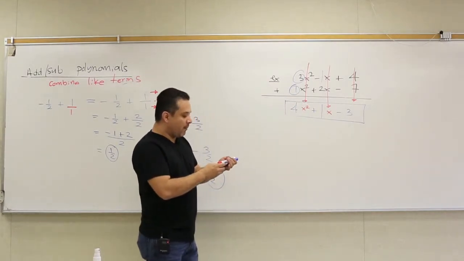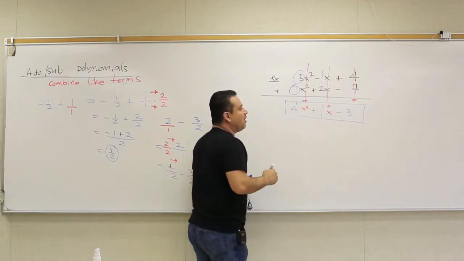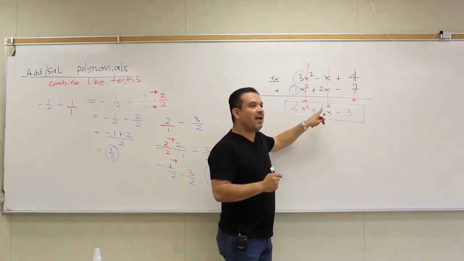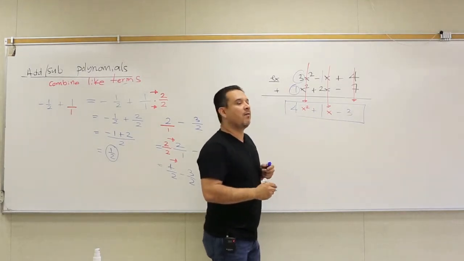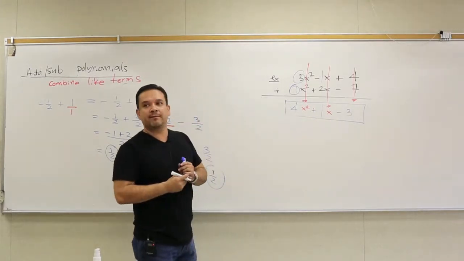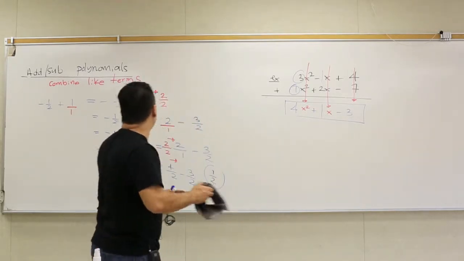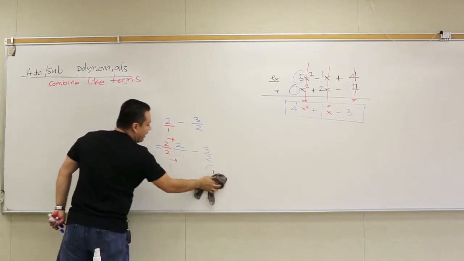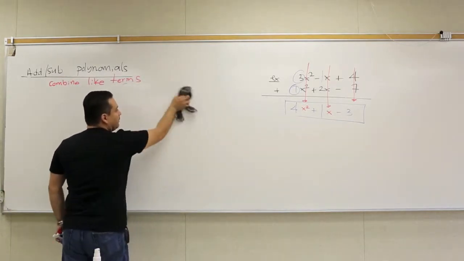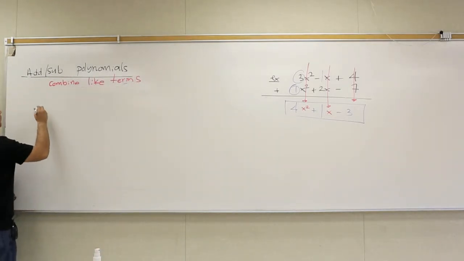Now I want to say a couple of things here. What are you really looking at as an answer? Because you're adding and subtracting, you can't add these terms anymore. These are not like terms. But then what is it that you're really looking at? I'll put this definition over here since you're probably done with the work. What you're looking at is what we call a polynomial.